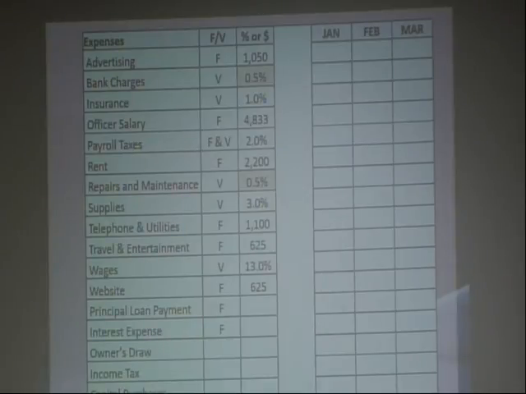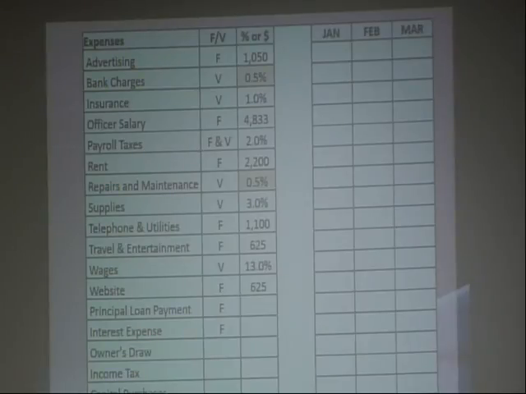So I'm saying advertising is fixed, and you can argue with me on any of these if you'd like. I'm sorry, what's the F and V mean? Fixed or variable? I've made that determination. Hopefully an educated guess, but it really is my small decision.